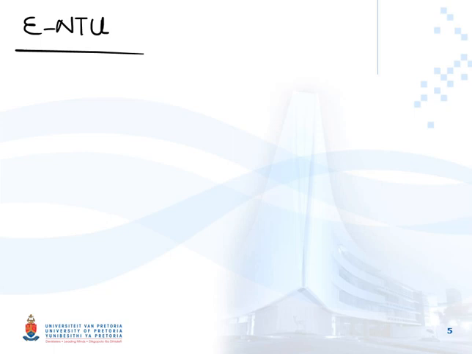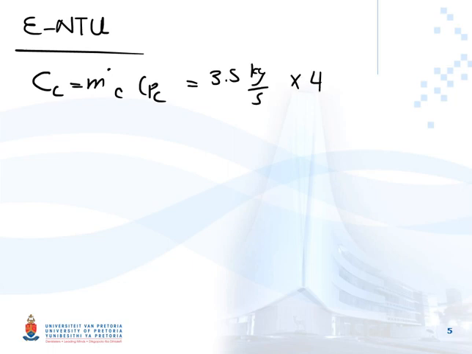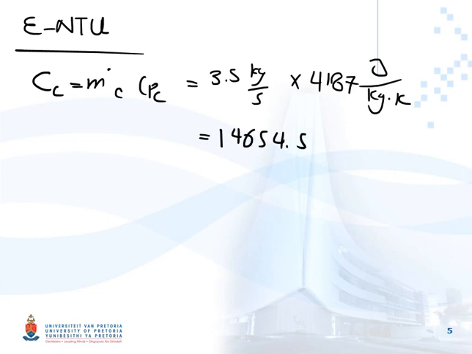The question asked us. So the heat capacity rate of the cold fluid, which I call capital C, is m dot c Cp c. So basically it is 3.5 multiplied by 4187 joule per kilogram Kelvin, which gives us 14,654.5 watt per Kelvin.